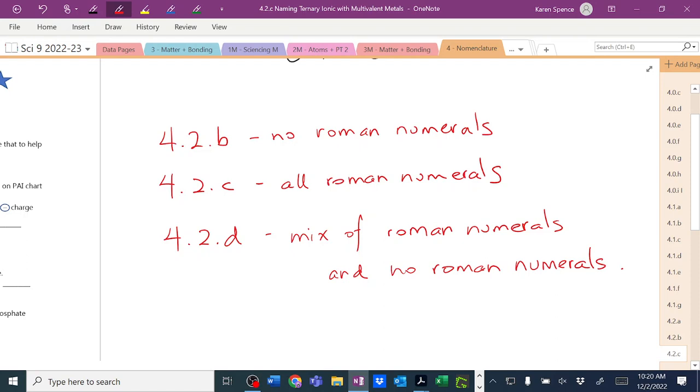But this only is for the non-metals, so it's kind of like these two and then these three and then those. So lead is one of those ones where you have to figure it out by drawing out all your ions, putting the charges and then separating it out and all that stuff.